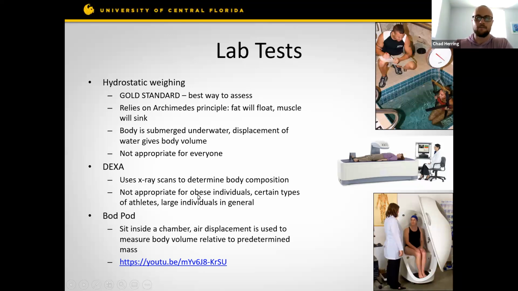But obese individuals, unfortunately, their sides might actually exceed off the table, or very tall athletes where their legs or their head hang off that. It's not really appropriate for those types of individuals, but for everyone else, it's very appropriate.